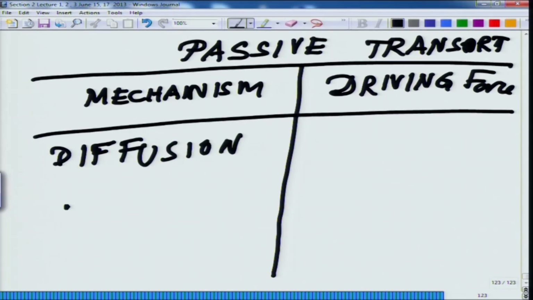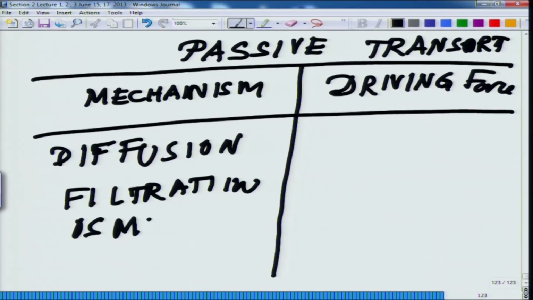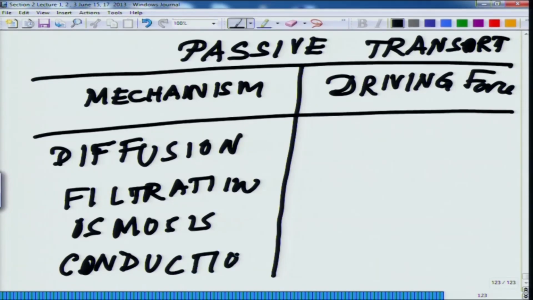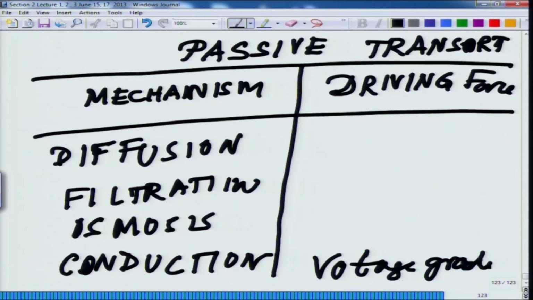So, you have diffusion, you have filtration, you have osmosis, you have conduction. These are the major ones, and the conduction is taken care of by the voltage gradient. Osmosis is taken care of by the concentration gradient of water.